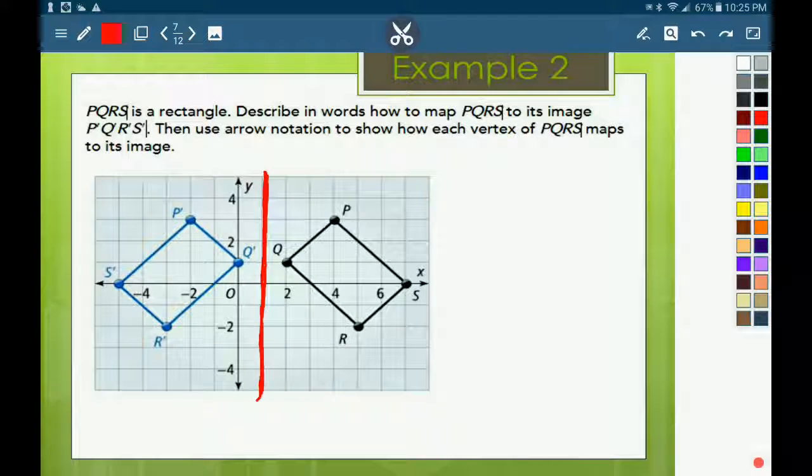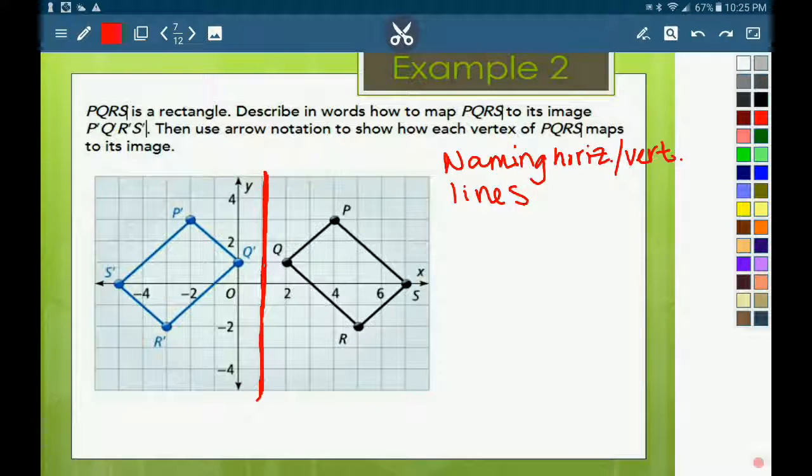In order to name, and I want you to take note, naming horizontal or vertical lines, there's a process for this. All you need is y equals a number or x equals a number.